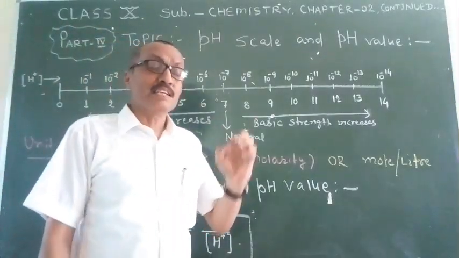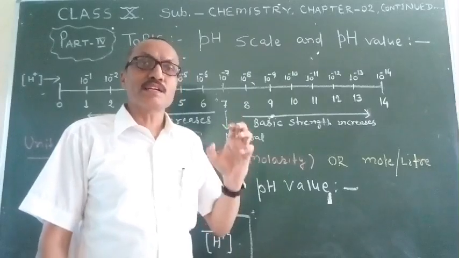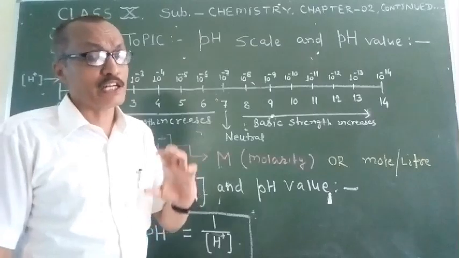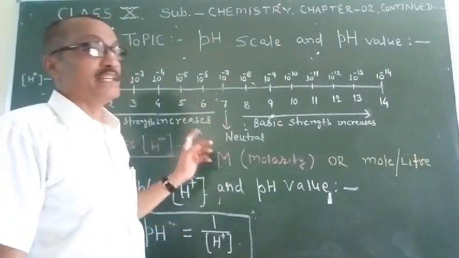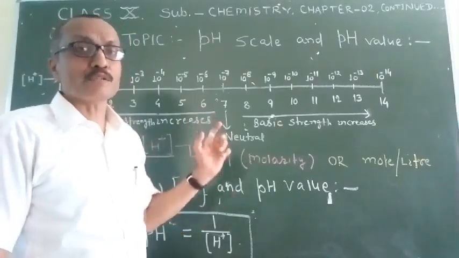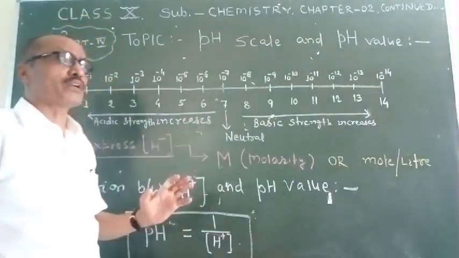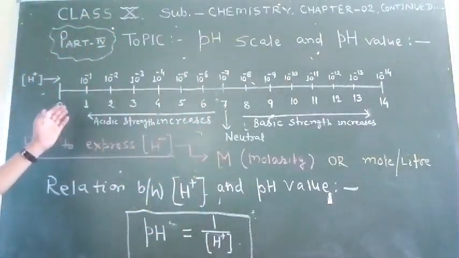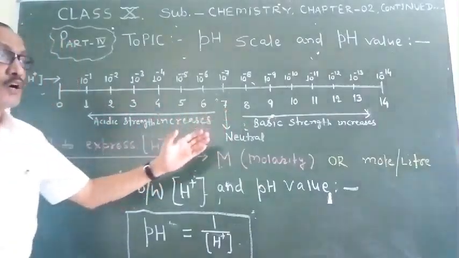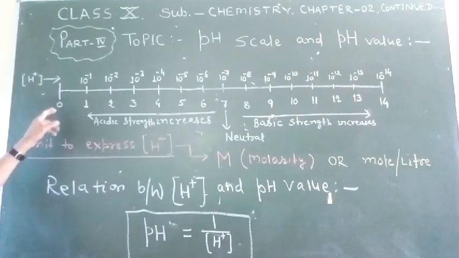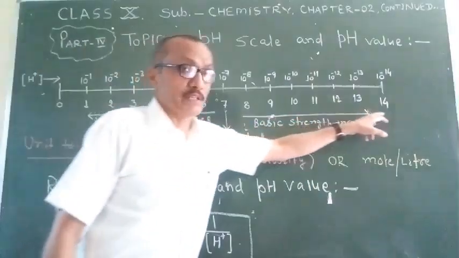In this form, concentration of hydrogen ion in a solution is expressed, and pH measures this concentration of hydrogen ion in a solution. Already, students, I have shown this scale. Already you can see on this scale numbers are 0 to 14.